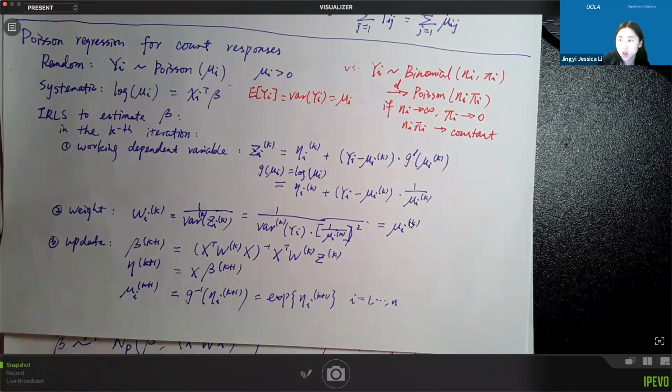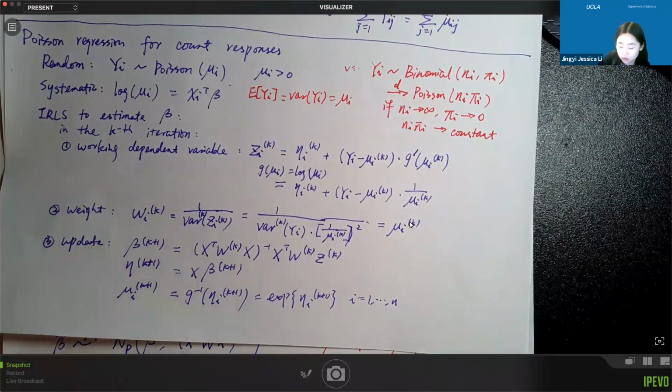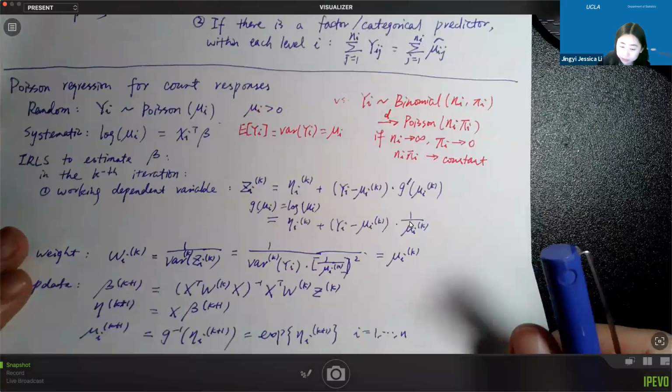And we know that we do not want to reject the null. When we have a very small p-value for goodness of fit, it indicates that our GLM fits poorly. So in that case, we need to think about some fix. How do we fix this poor model fit? So this is a common issue for count data.